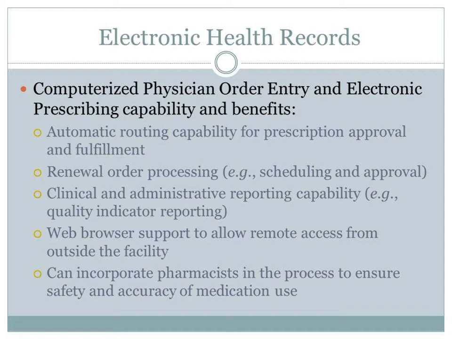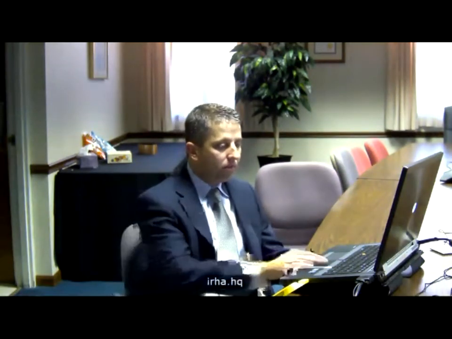It can be used for quality reporting indicators, and more with mobile technology becoming more and more vital to providers' ability to take care of patients. It's going to help from a web-based and mobile standpoint to help with the EHRs to make sure the medicines that are given to the patients are correct and ordered properly.